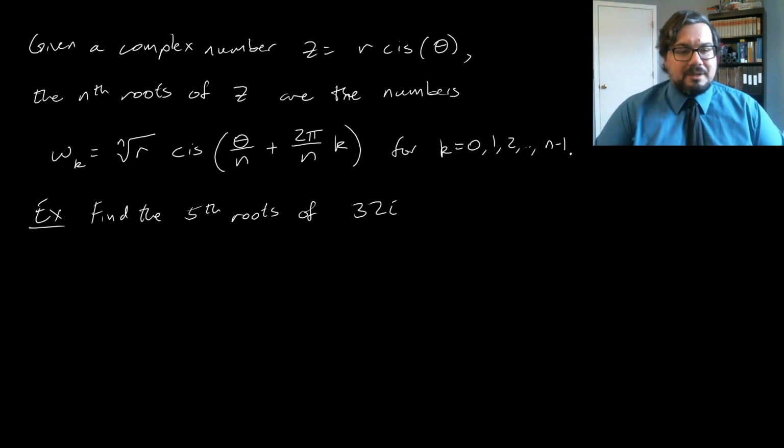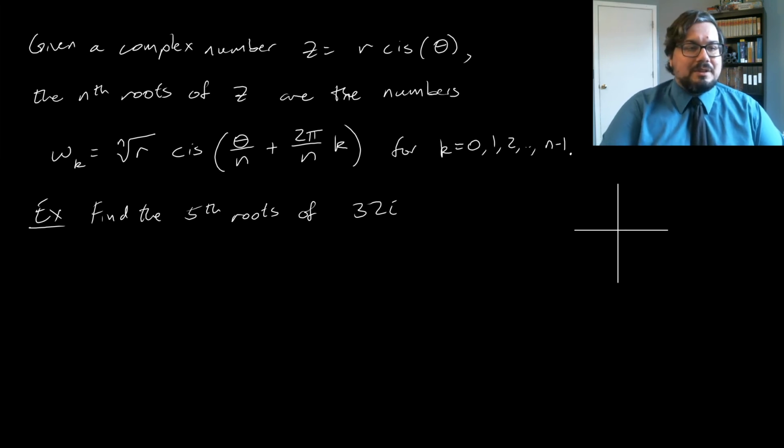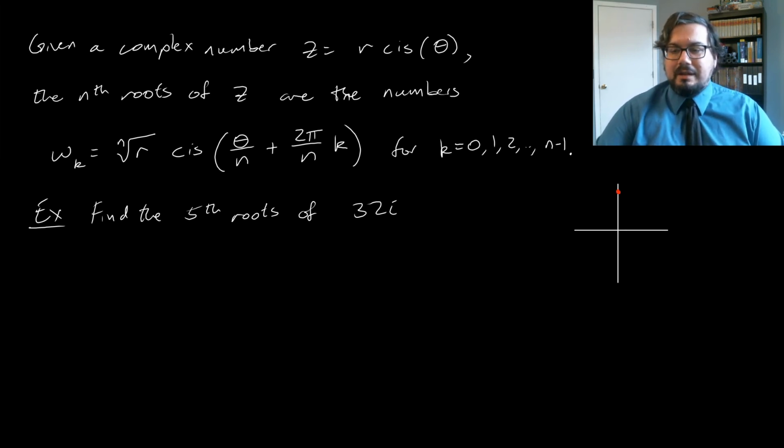So by the formula above, the fifth roots of 32i are the numbers wk, which will involve the fifth root of 32. Oh, sorry, we're getting ahead of ourselves. The first step is to get the trigonometric form of 32i. Now, 32i is a number that lies on the imaginary axis here, and therefore it has an argument of pi over 2.